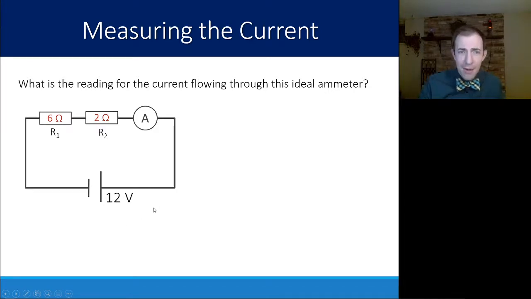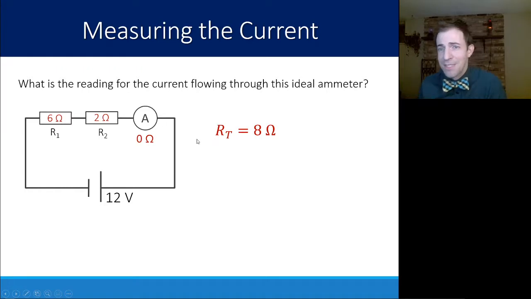Well, if we know the battery, and we can figure out from our resistances what the total resistance is going to be, this ammeter is not factoring in. It has 0 ohms because it's an ideal ammeter. So our total resistance in this case is just 6 plus 2, just 8 ohms. There is no resistance coming from the ammeter. If I know R and I know V, I can use Ohm's law to figure out the current coming out of the battery.